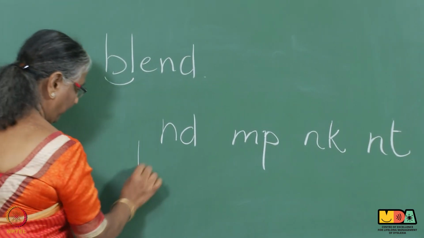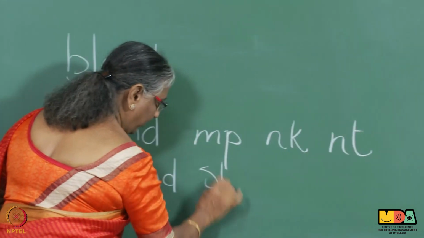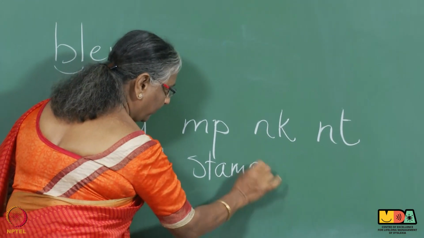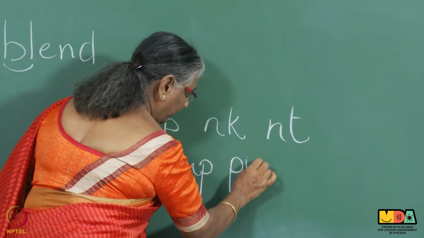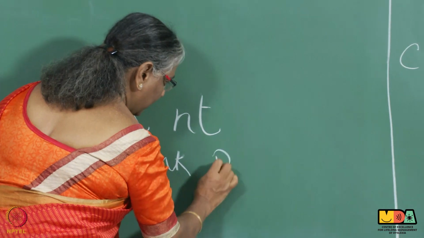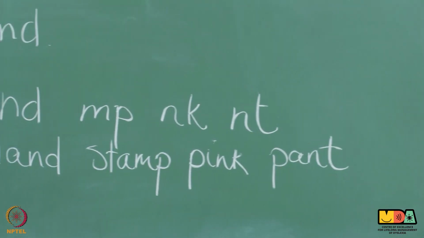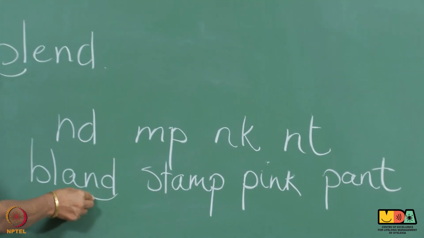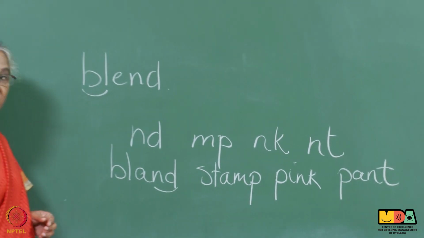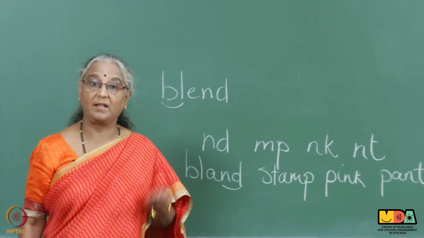Words: bland, stamp, pink, pant. If you notice these, you can hear the sound of both the letters, but they form one team that comes as the blend at the end.